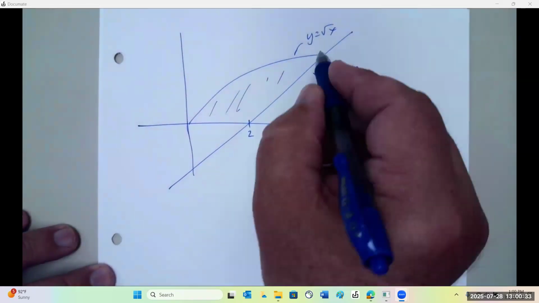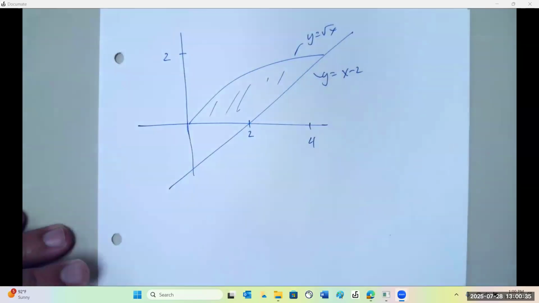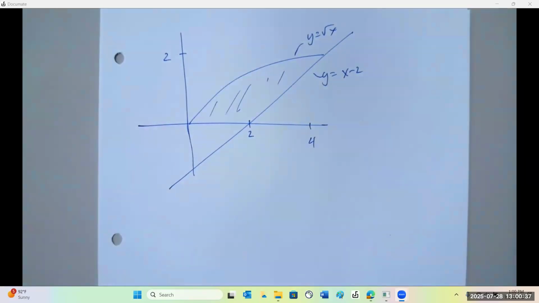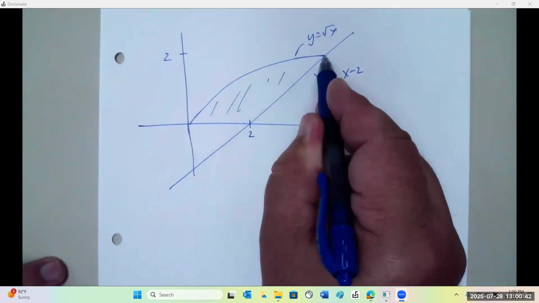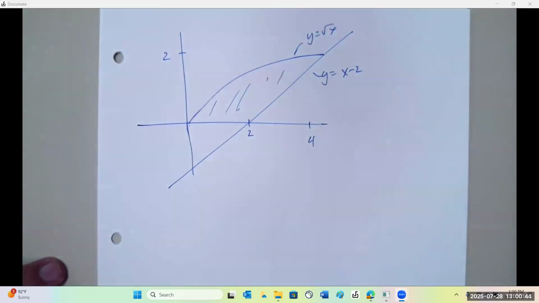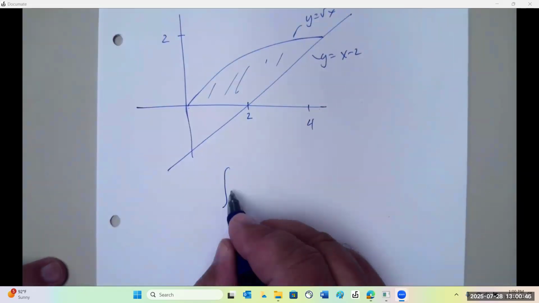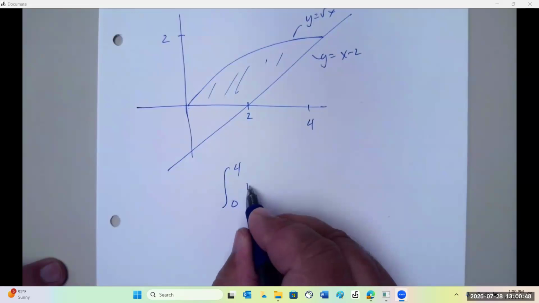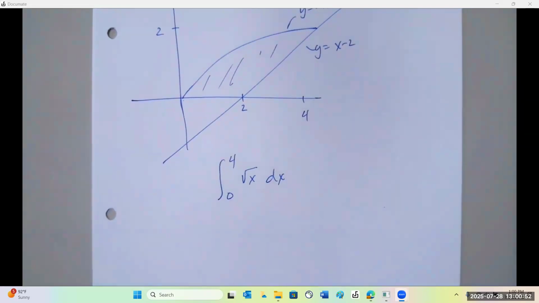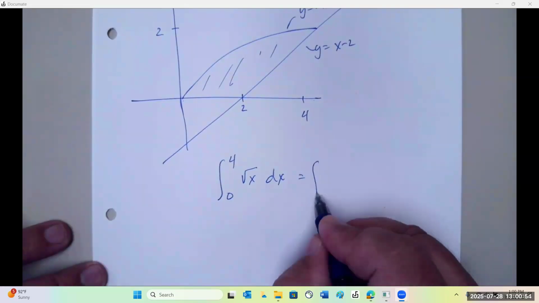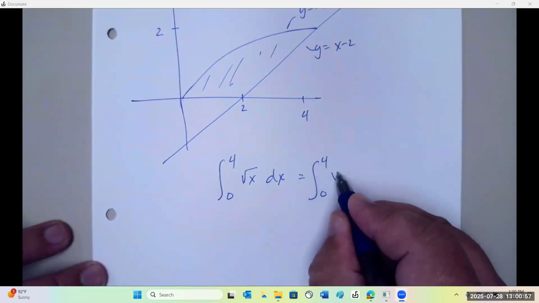This is 2. And we know that this one here is 2. What if we took the integral of this function from 0 to 4? From 0 to 4, what would that give us?